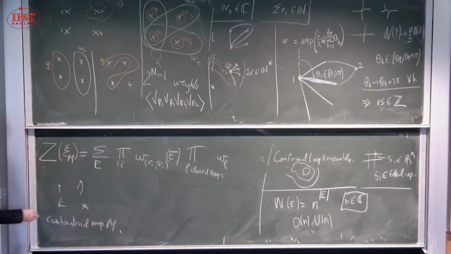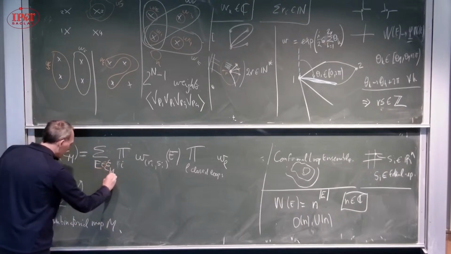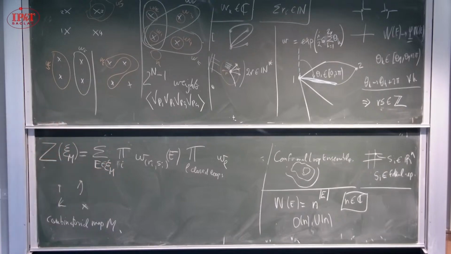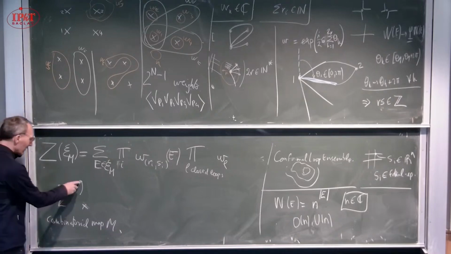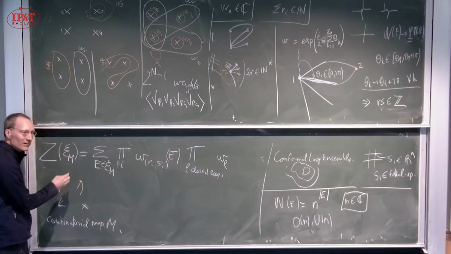And the set of configurations also depends on this map M. So the exercise now is how many combinatorial maps? You start connecting the points together, then there are no loops which surround the points. Right, exactly. So these punctures where open loops end, they don't have any loops surrounding them.